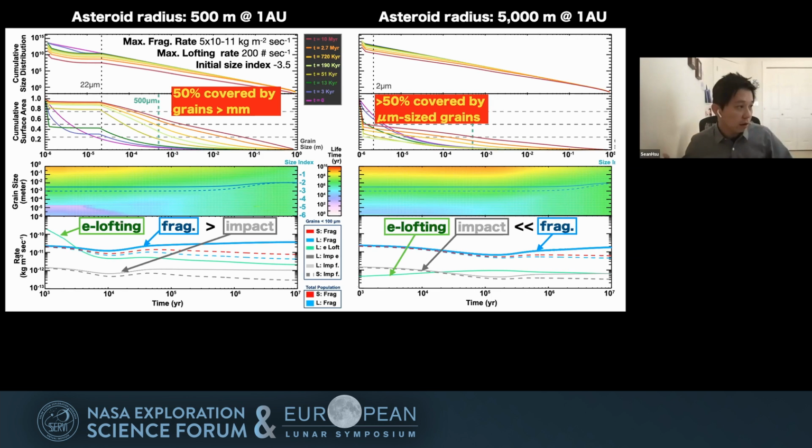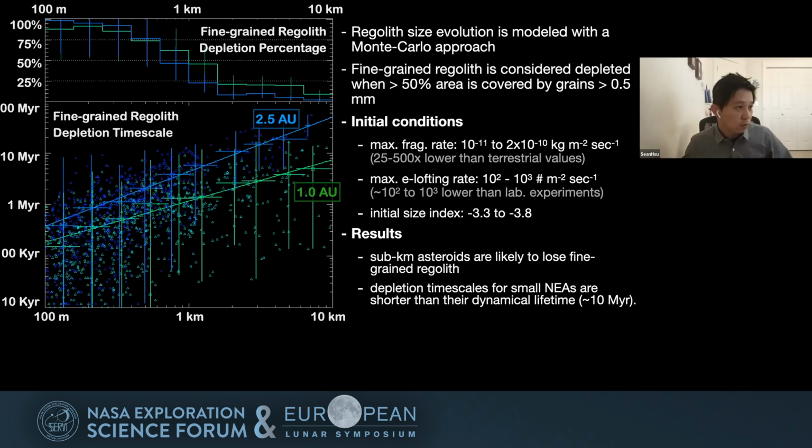We can also simulate a lot of different cases, using a Monte Carlo approach to sample different combinations of the initial parameters as shown here. We see that for parent body or asteroid radii from 100 meters to 10 kilometers, there is basically a linear relationship with the time at which the fine-grained material is depleted, which is defined as more than 50% of the surface area being covered by grains 500 micron or larger in radii.